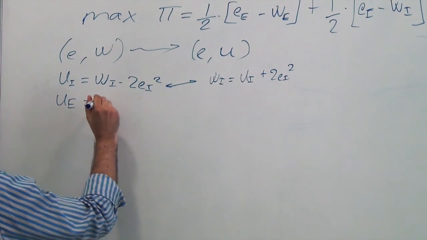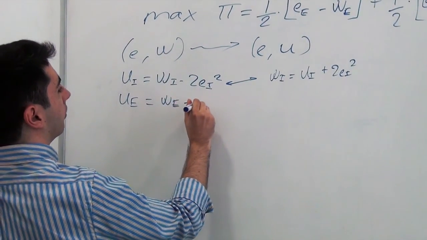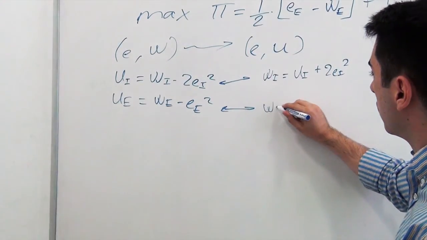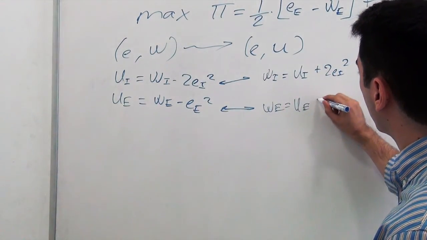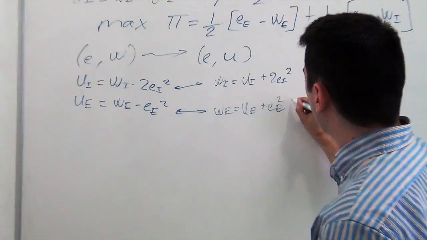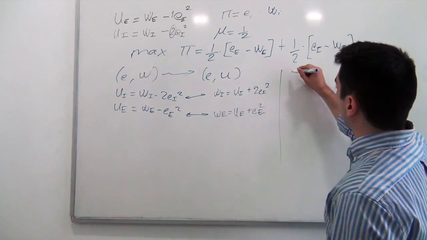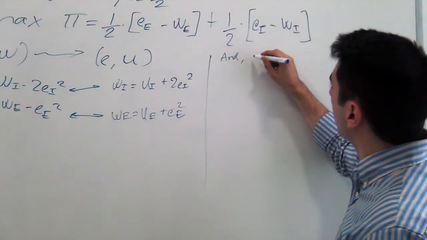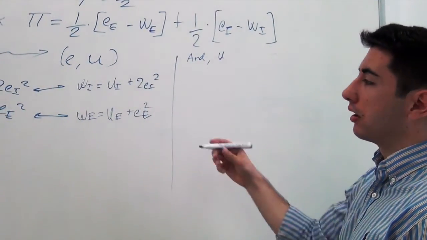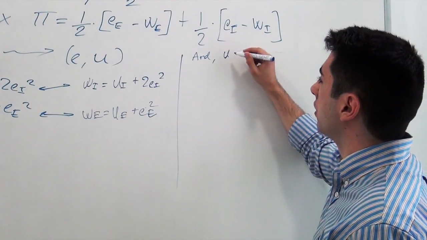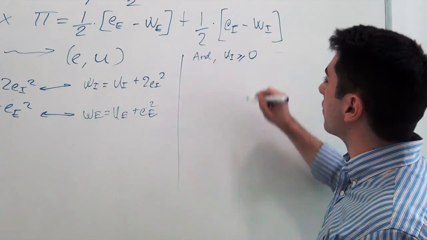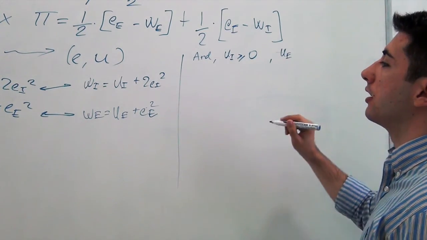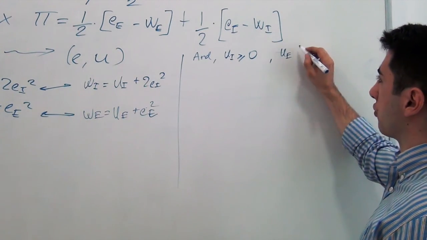And for the E-type, we just have that. And we know that because of the participation constraint of the inefficient type that we are using, this must be satisfied, and the utility of the E-type of course cannot be negative.